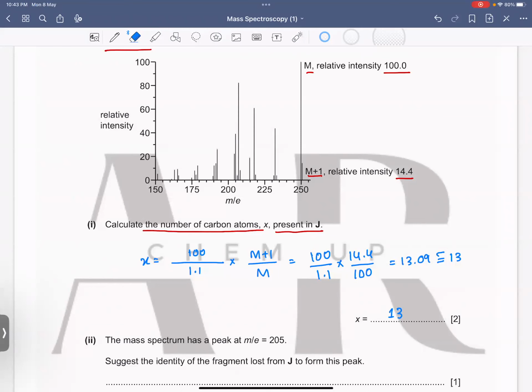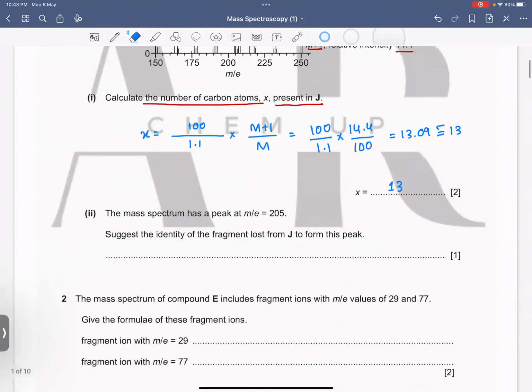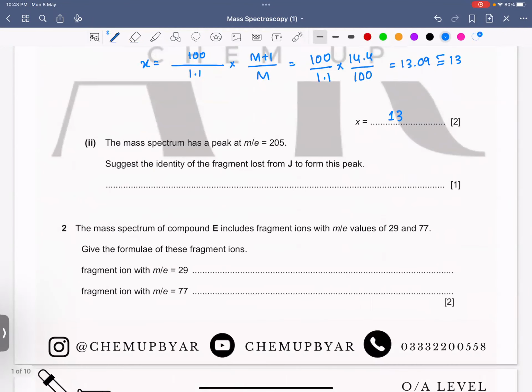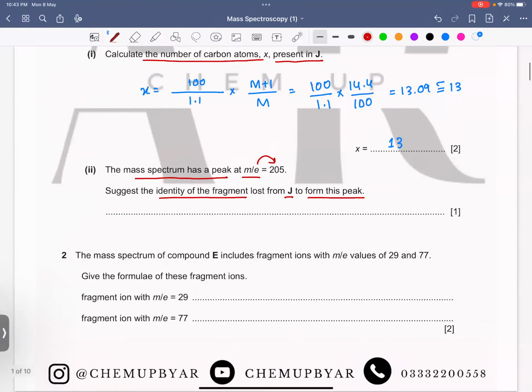Now, next part. The mass spectrum has a peak at mass over charge ratio equal to 205. Suggest the identity of a fragment lost from J to form this peak.